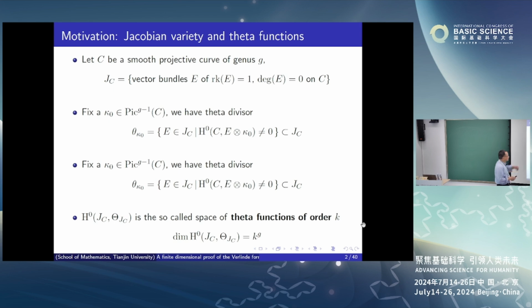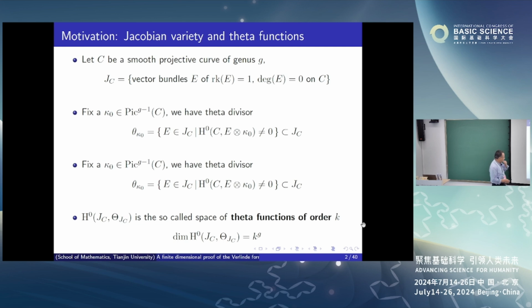So we can fix a line bundle of type 0, and then we have the well-known so-called Riemann theta divisor. This divisor determines a line bundle.